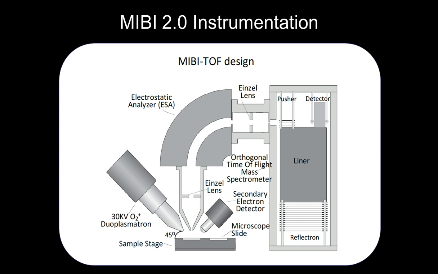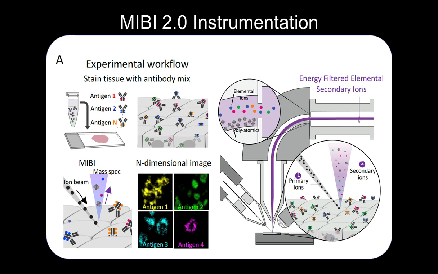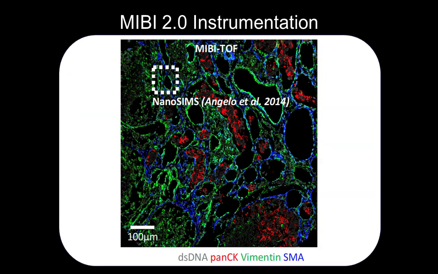And then we added an electrostatic analyzer where we basically make the ions turn a corner. The purpose was to deal with contaminants you often get in SIMS imaging, which are partially ionized low energy particles that you want to filter out because they generate noise in your image.